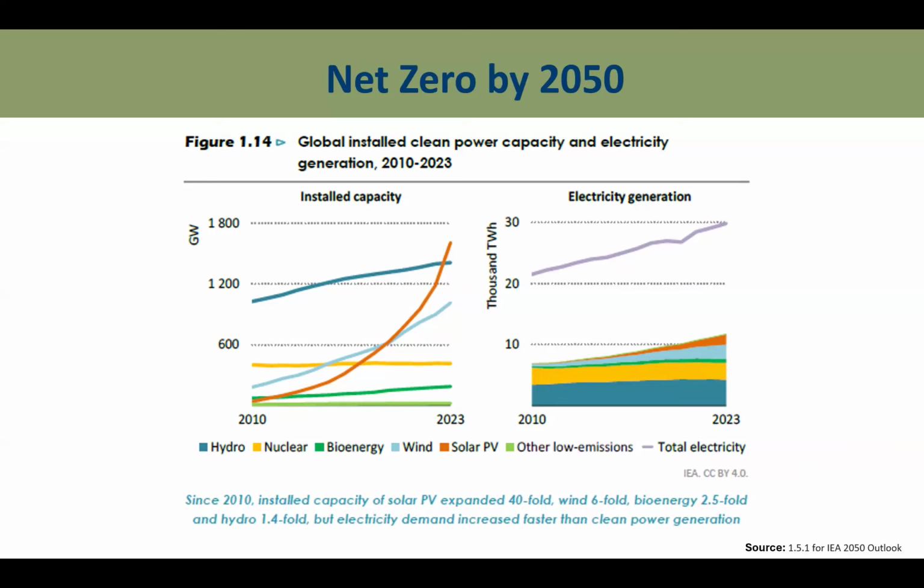Hydroelectric, not at the same rate, but steadily creeping up higher and higher also. But this still falls woefully short of total electricity generation needed. So as you can see on the slide on the left there, that delta is basically made up by using fossil fuels, coal, natural gas, so on and so forth.